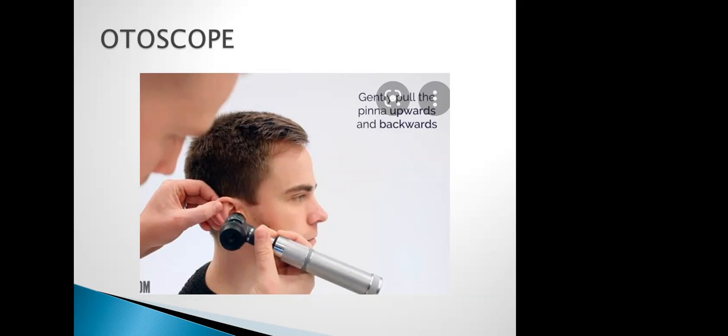For ear examination, first of all, rule out any tragal tenderness. If there is any tragal tenderness or diffuse edema or swelling in the external auditory canal, you cannot use an otoscope. If these conditions are ruled out, you can use an otoscope. For examining the right ear, use the right hand. Hold the otoscope in a pen holding position.